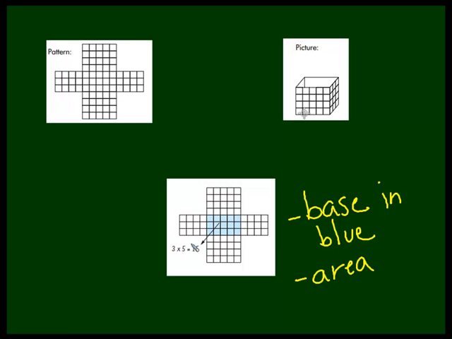So you start off and you look at just the base, and this base happens to be 3 by 5, so we get the base as being 15. And then after you've discovered the base, then you can count up the sides, and all the sides go up exactly the same amount, which is by 4.